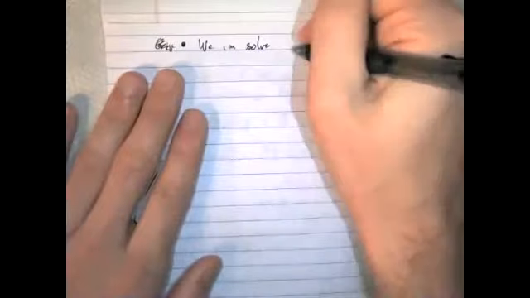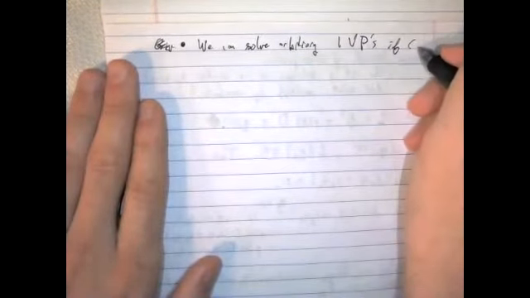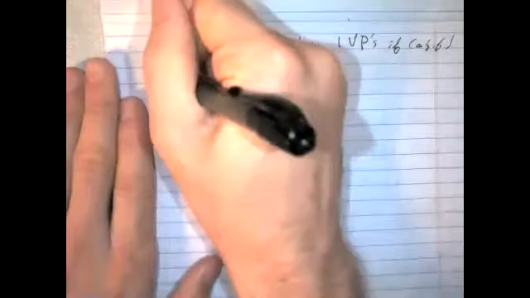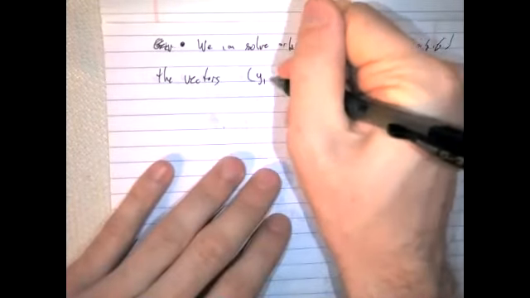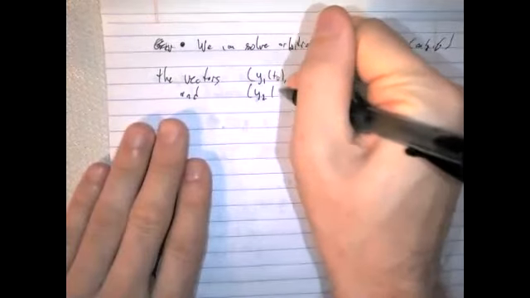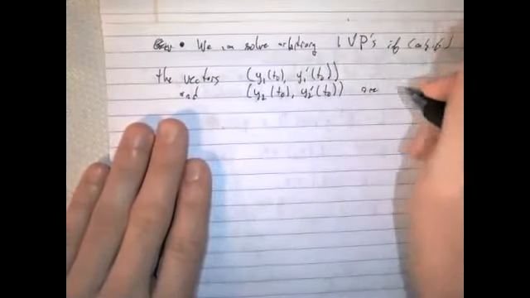Given two vectors, here's the point. We can solve arbitrary IVPs if, and only if, the vectors y1 of t0, y1 prime of t0, and y2 of t0, y2 prime of t0 are linearly independent.